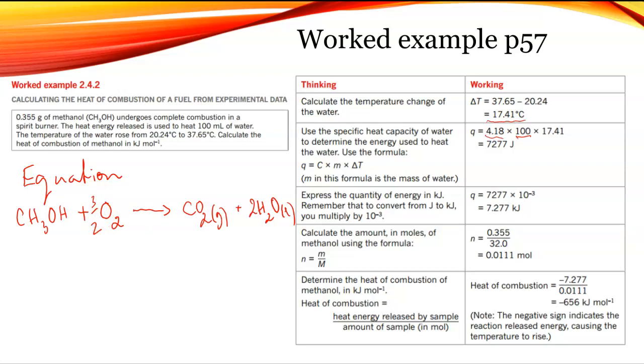Now the reason for that is there's 1 oxygen in the methanol, so we're going to write 3/2 so that we keep our 1 mole of methanol there, and then the delta H for that equation is, and this is the most appropriate place to put your negative sign, 656 kilojoules per mole. So that's the thermochemical equation for that reaction.